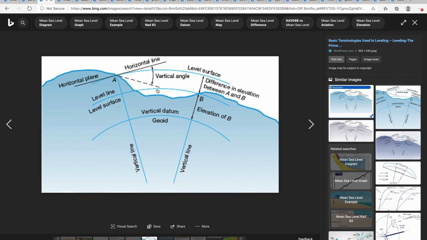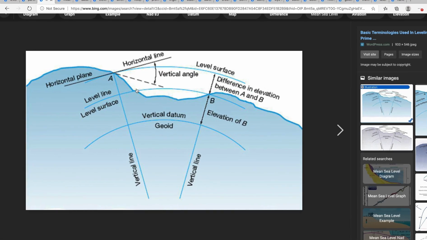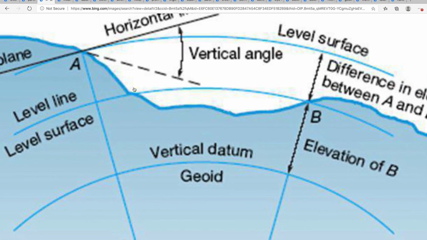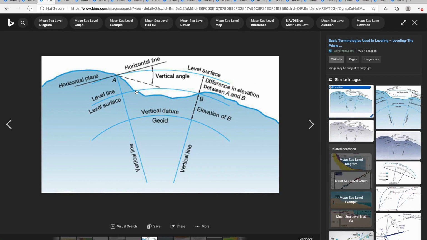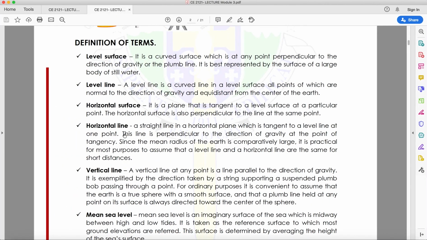It is tangential with my level surface. So this is the level surface, and this is the horizontal surface. It is tangential. If we zoom in, we can see that this is a horizontal surface.